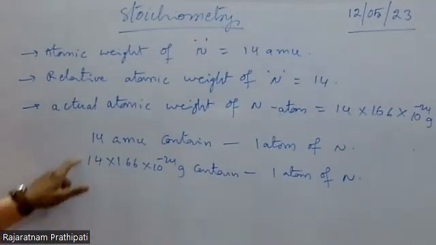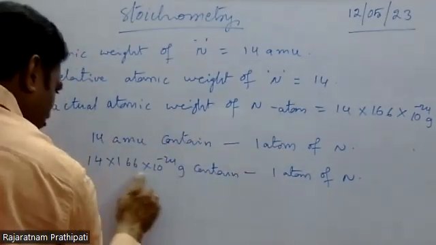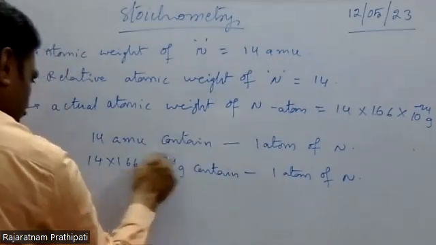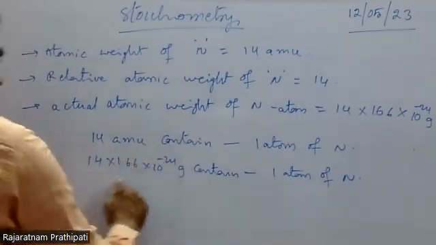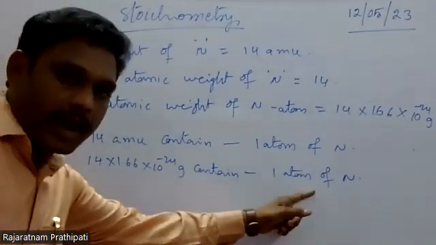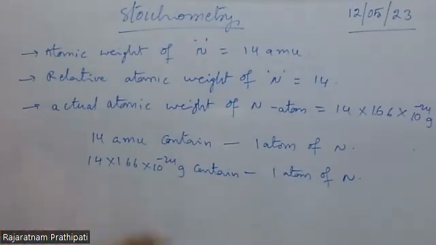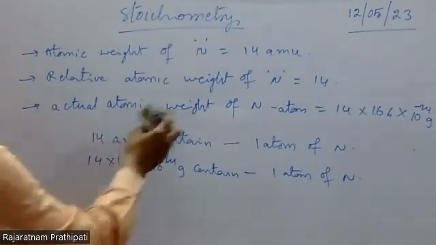Is it clear? The 14 AMU contain one atom. AMU is nothing but 1.66 into 10 to the power minus 24 grams. These many grams contain one nitrogen atom, or one nitrogen atom's mass is this much. Is it clear?